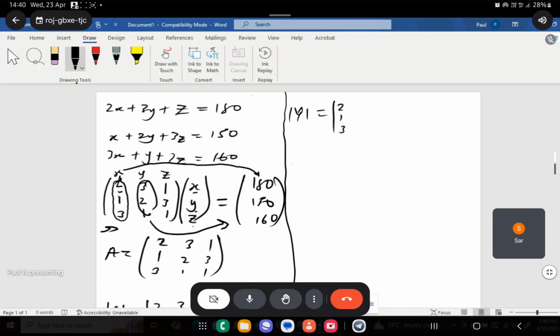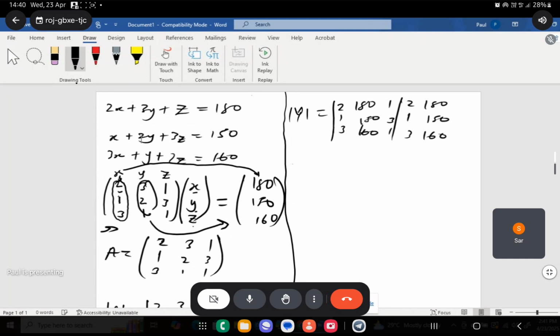This time around we are going to change that of Y with the answer. So Y's coefficient will be 180, 150, and 160. Please, you understand? Then X will still be 2, 1, 3, 1, 3, 1. Then we repeat the first two. So 2, 1, 3, 180, 150, then 160. This is how we go. Okay.